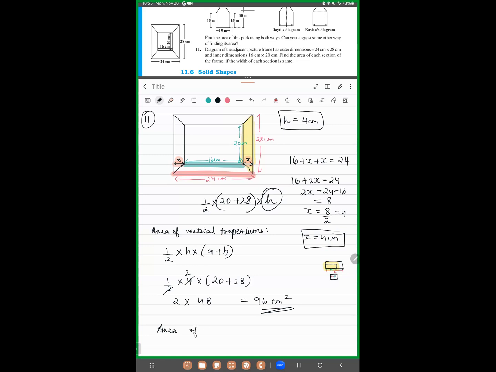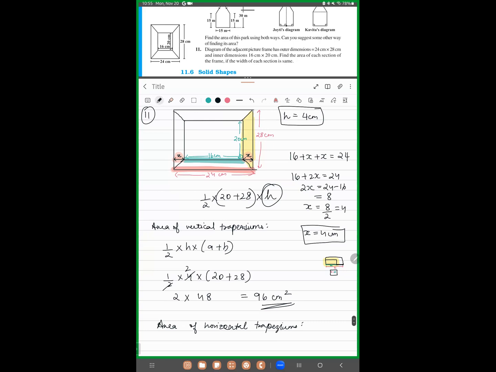Now area of horizontal trapeziums. Half into height into sum of parallel sides.